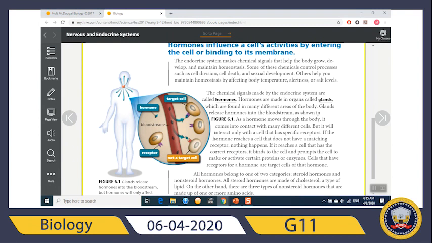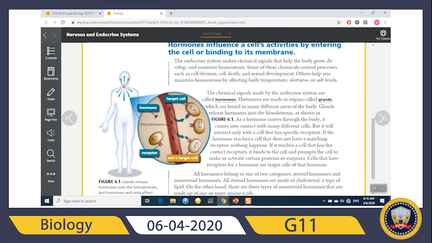So, hormones are chemicals and chemical signals that help the body grow and develop. All in all, they maintain homeostasis. Now, these hormones are made in organs called glands.